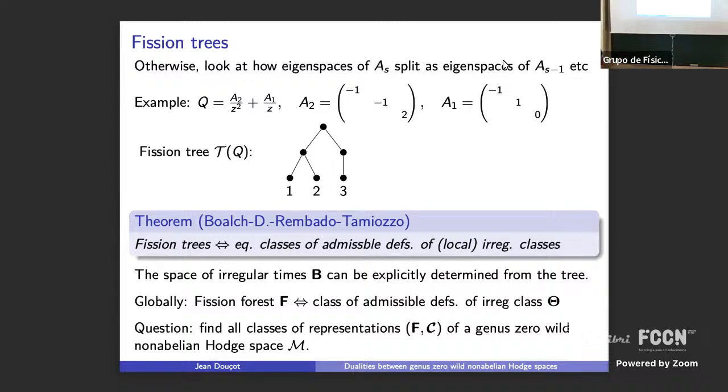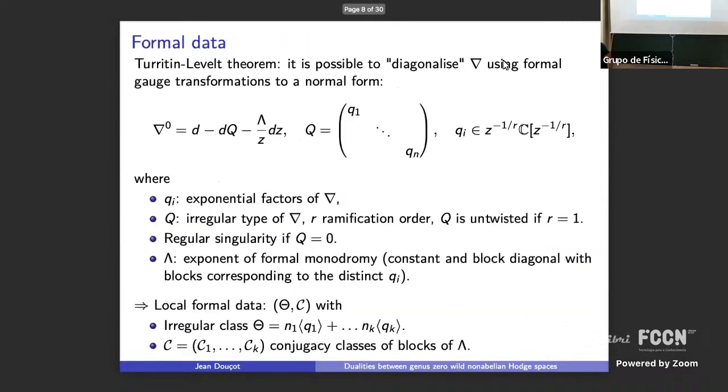So C was the class. C is the collection of the conjugacy classes of all formal monodromies. So, for example, it's the conjugacy classes of all blocks associated to all Qi's in this lambda for every singularity. And such a Qi is in one-to-one correspondence with a leaf on a fission tree. So that's how to read these Ni's from the tree.